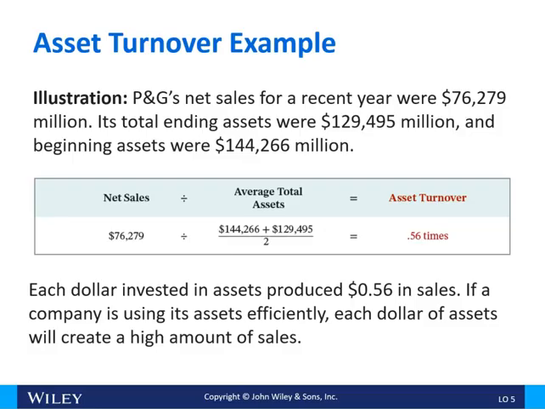So what that means is that each dollar invested in their assets produces 56 cents in sales. If a company is using its assets efficiently, each dollar of assets will create a high amount of sales. So 56 cents by itself, you can't really tell anything about that. If you looked at a trend or looked at a company that was comparable to this company, you could then make some analysis on it.